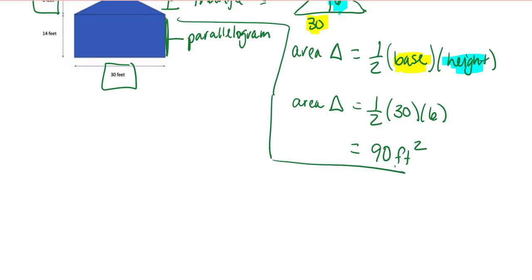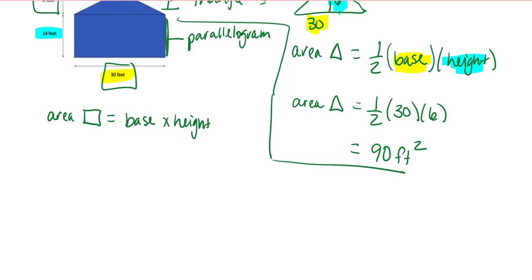Now for the parallelogram, let's go over that area. The area is just the base times the height. So our base here is going to be 30, and then our height is 14.